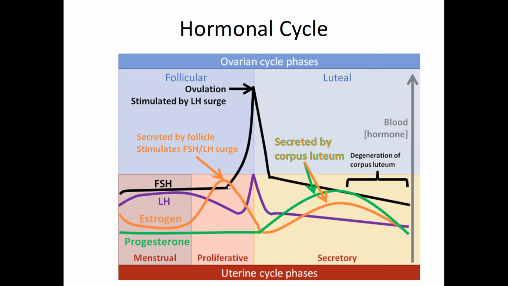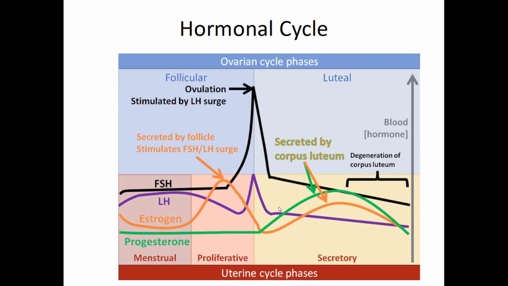And we'll see this drop here at the same time. So then we've got this surge, and then we have this boost where follicle stimulating hormone and luteinizing hormone are going to boost up to ovulation, and then that will be ovulated.